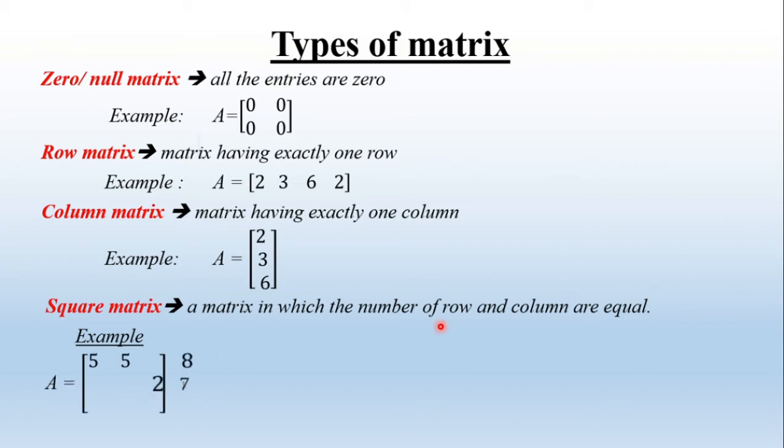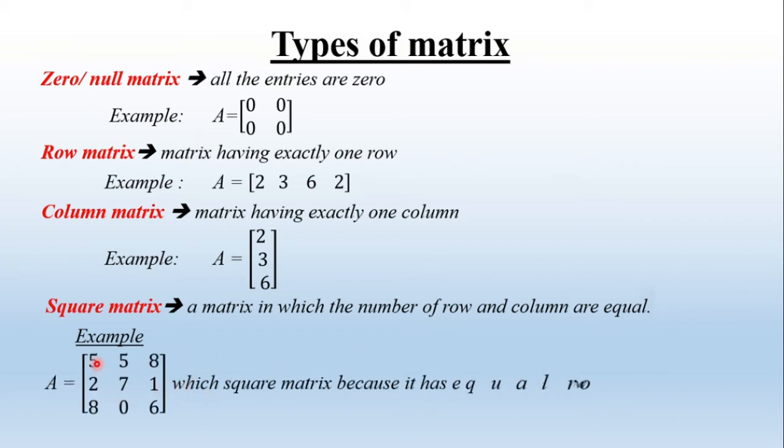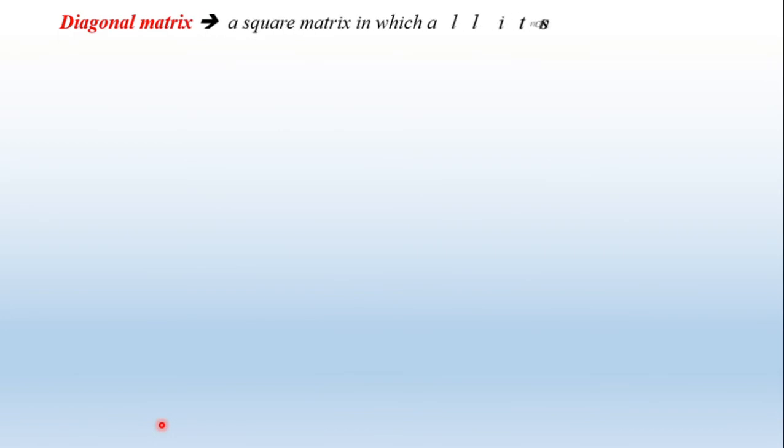Example: look, 5 5 8 2 7 1 8 0 6 ተሰጥቷል, which is a square matrix because it has equal rows and columns. ስለዚህ ተመሳሳይ row and ተመሳሳይ column ያላቸው 1 2 3 row አለው 1 2 3 column አለው ማለት ነው. ስለዚህ this type of matrix is called a square matrix እንለዋለን ማለት ነው.